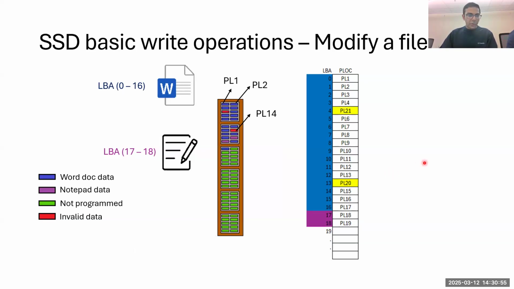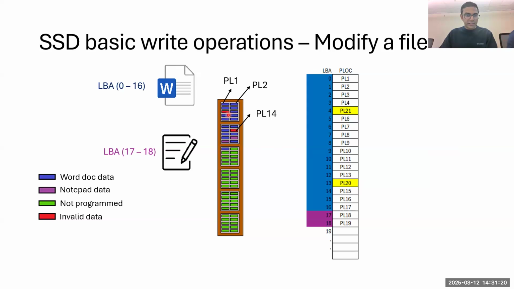So this process can continue. As you can see, the Word file can be modified several times, where each LBA is selected and updated. As you can see in this example here, LBA4 is updated. So the new data for LBA4 is written to the next available page, and then the previous one is marked invalid. That means the indirection table is updated to show that LBA4 is now residing in PL21.